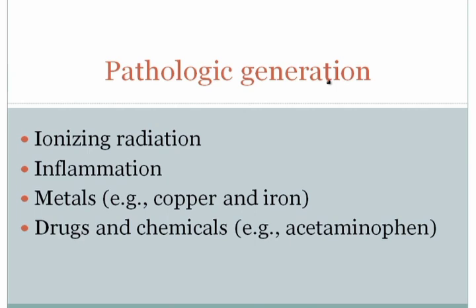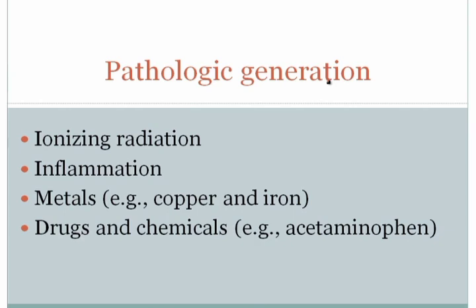Another example, let me take an excess of copper. So what's the disease in which there is an excess of copper? It's called Wilson's disease. And in Wilson's disease, the excess of copper generates free radicals, which then leads to tissue damage, creating a certain set of clinical symptoms.